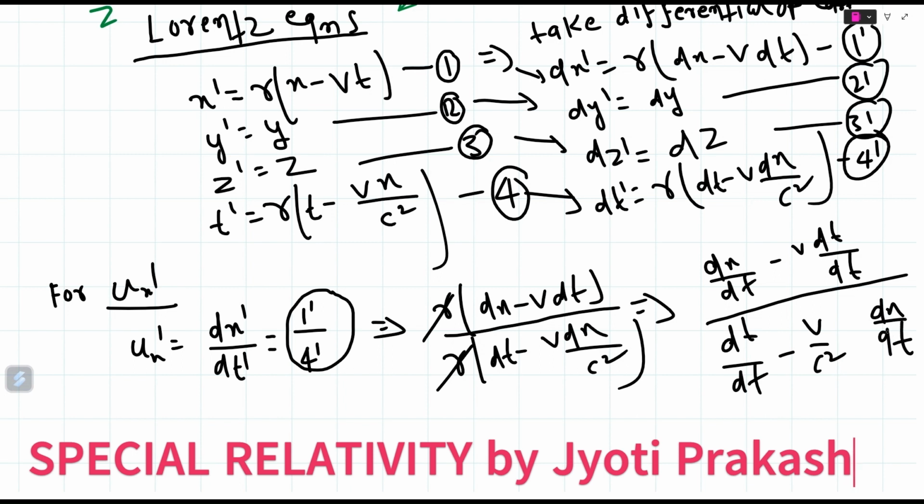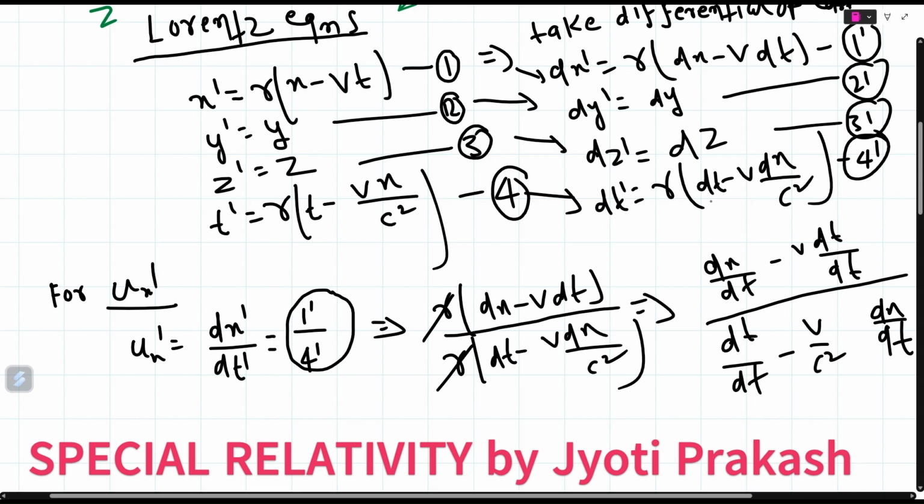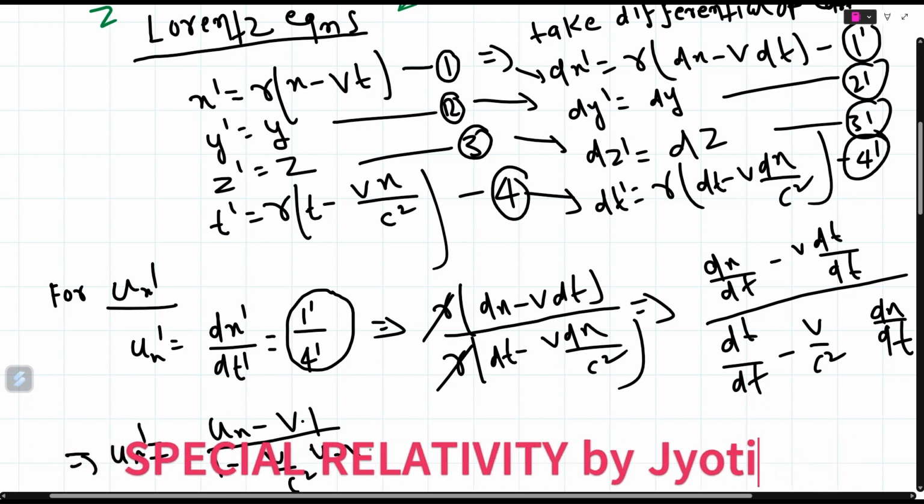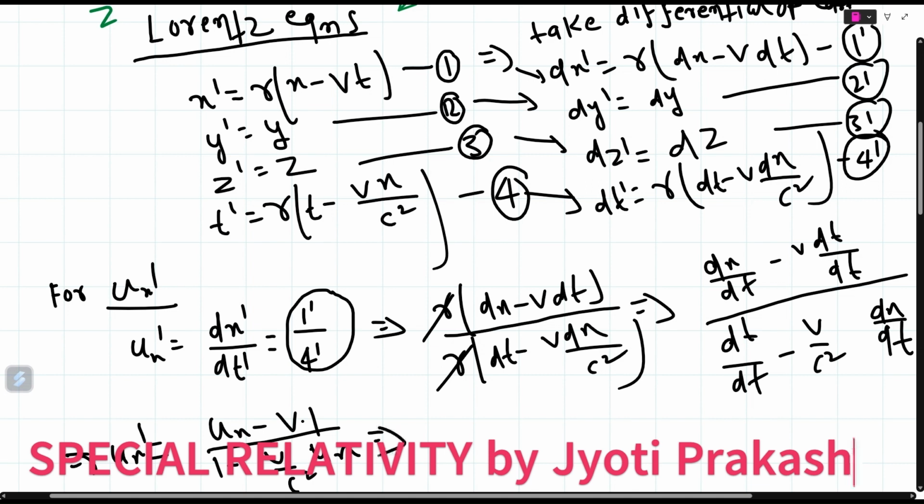Now you can write dx by dt as ux, and dt by dt equal to 1, so it's (ux minus v) over (1 minus v by c square times ux).